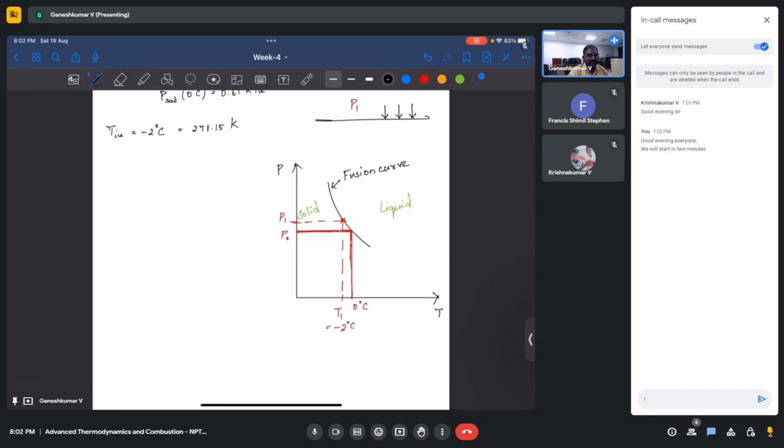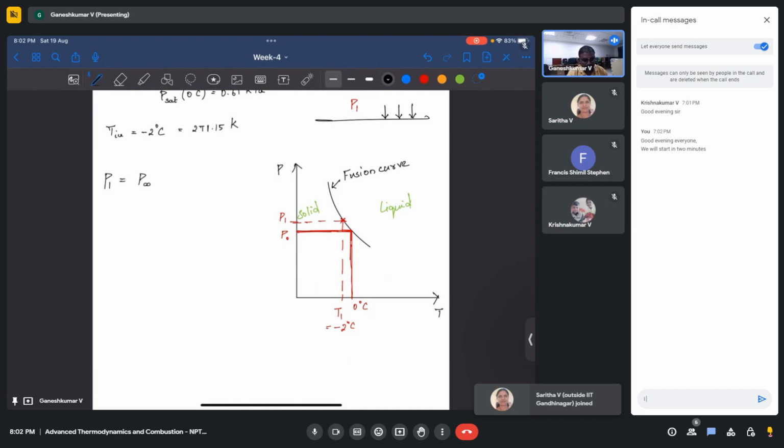Let's try to answer that also. Let's say somehow I found P1, the pressure exerted by the chair. That is going to be nothing but the pressure of the atmosphere plus the force exerted by the chair divided by area, right? Pressure is nothing but force by area.